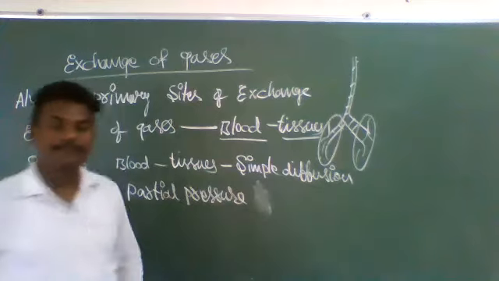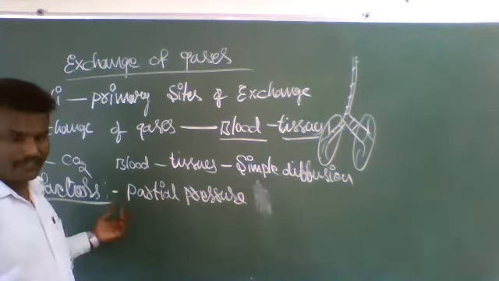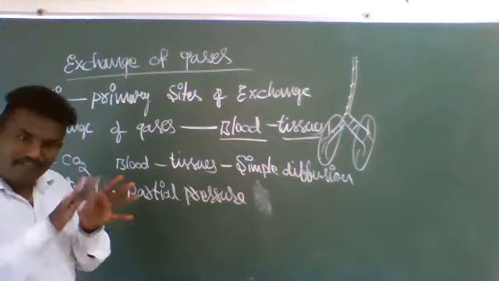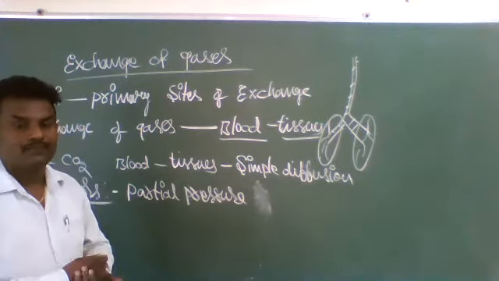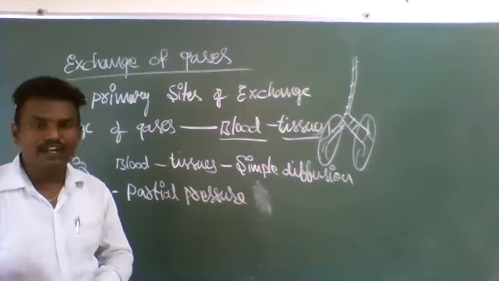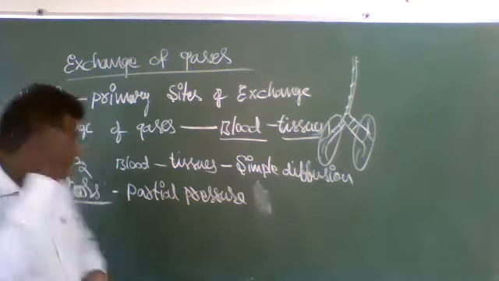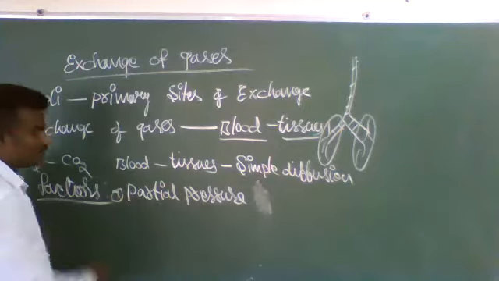If those factors are available, they facilitate the diffusion of oxygen and carbon dioxide between blood and tissues. First factor is partial pressure.